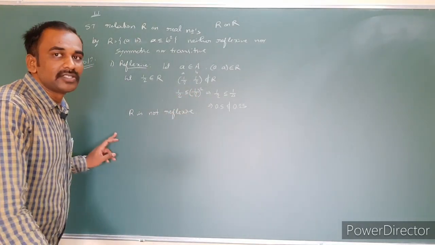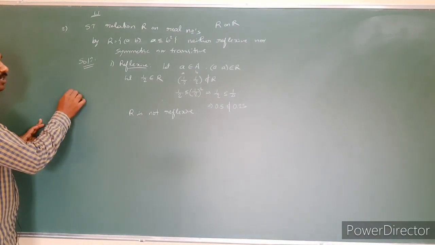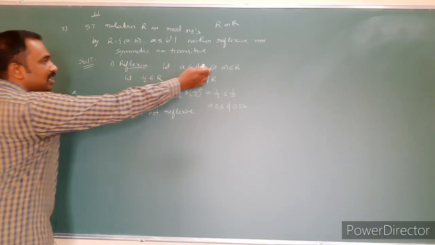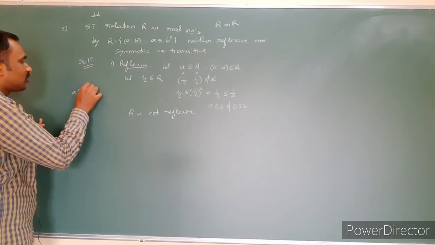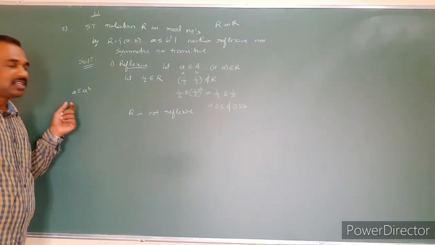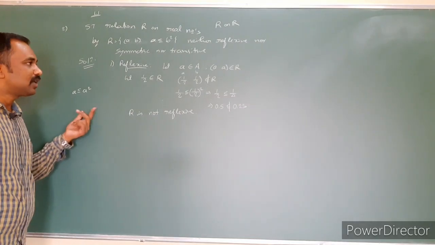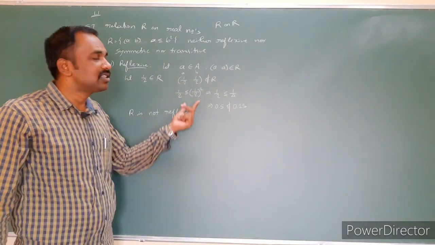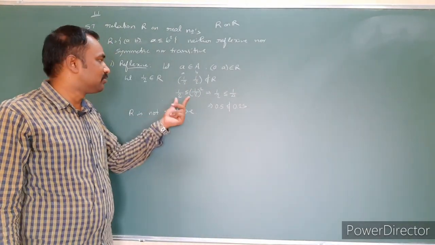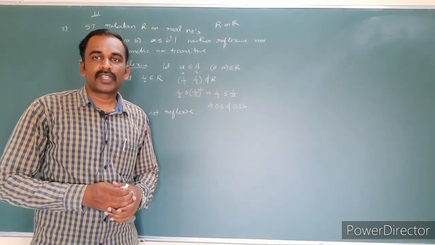Are you sure about my point? One more thing to remember: if I take generally a ≤ a², it is a little difficult to decide whether it is true or false. That's why I am taking a particular example, and we call that a counterexample.